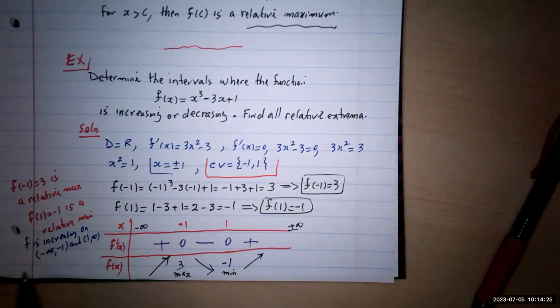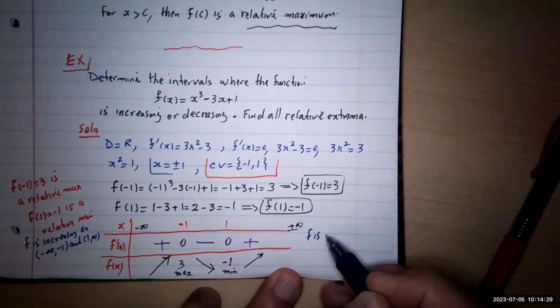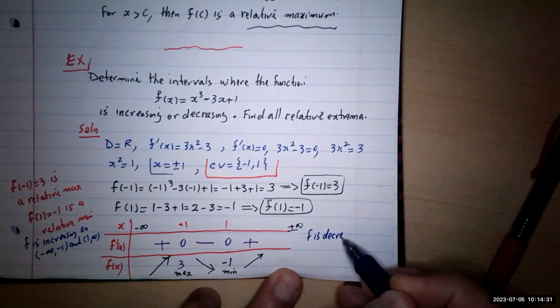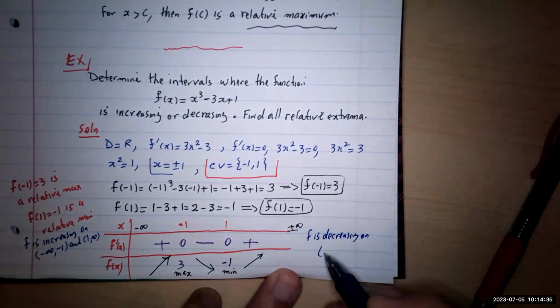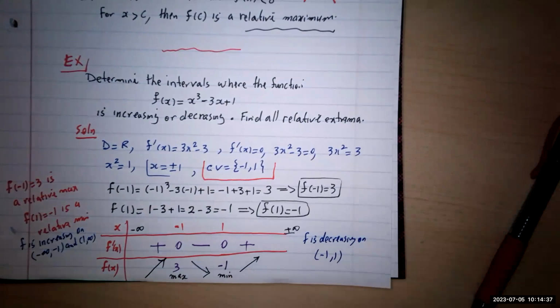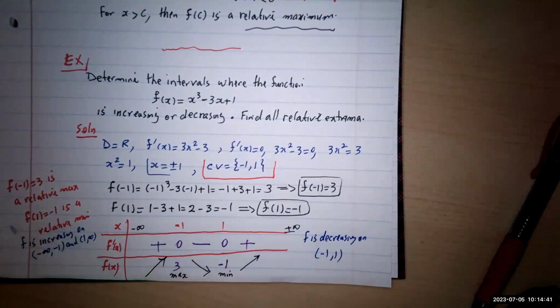That's where it's increasing. And f is decreasing where? On the interval of -1 and 1. Okay, the chart as I did it, otherwise you just give us this explanation and be happy.